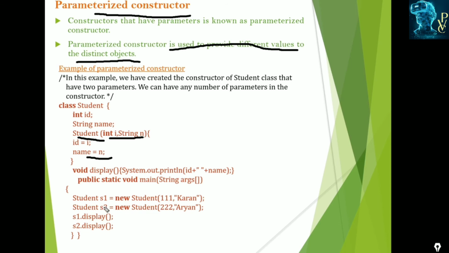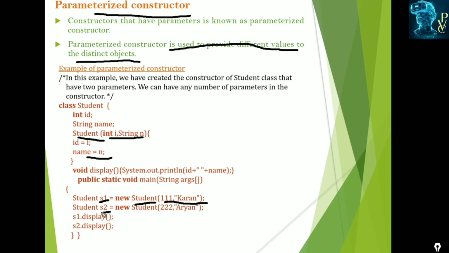In the main method, here I am creating the two objects s1 and s2. This is the parameterized constructor, so when we are creating the objects, only then can we pass the values. This parameterized constructor takes two parameters, one integer and one string. We are passing 111 as the student id for student s1, and the name is Karan.